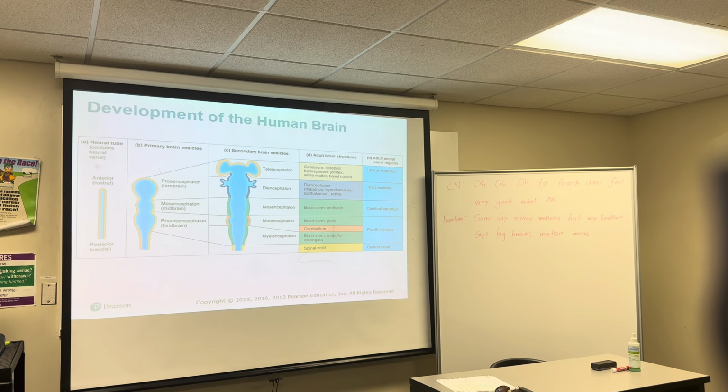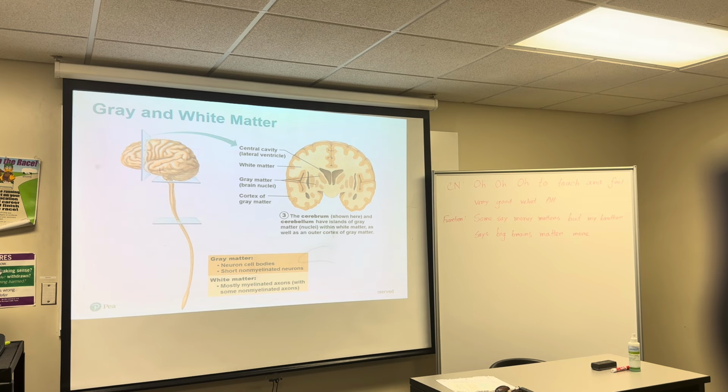The mesencephalon will turn into the midbrain and cerebral aqueduct. The metencephalon: pons, cerebellum, and the fourth ventricle. The myelencephalon: medulla oblongata and fourth ventricle. And then the spinal cord, the central canal. So as you can see, these are the ventricles and how your brain was developed.